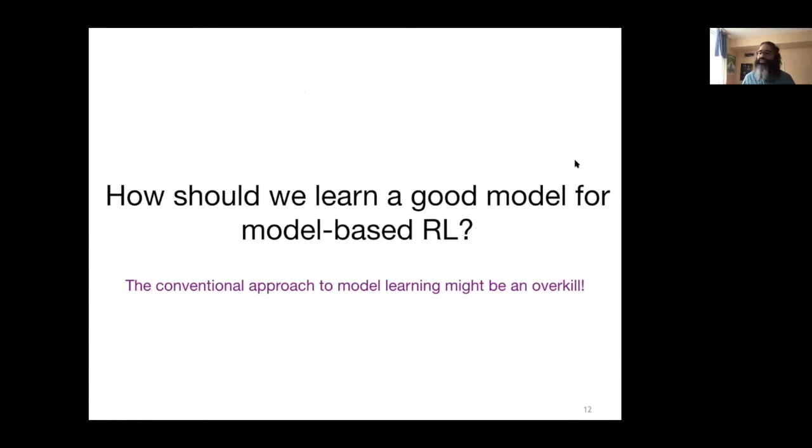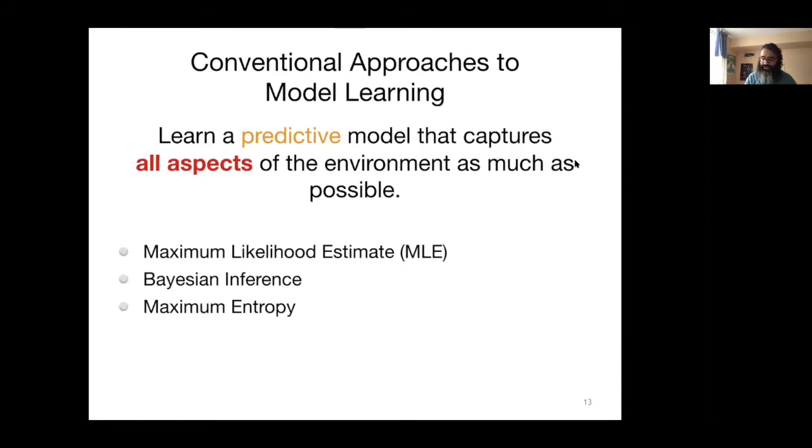My claim is that a conventional approach for model learning might be overkill and may not be needed. And in difficult problems, we may not be able to do it. Any questions before I go to the next part?